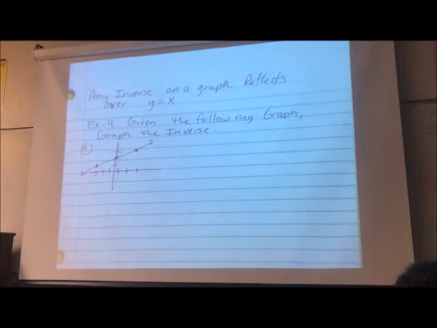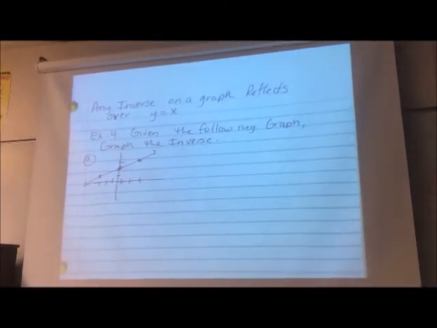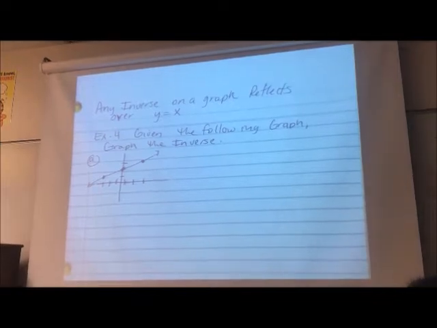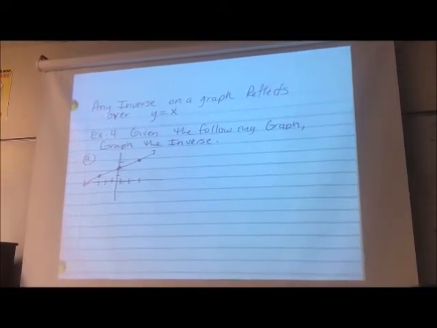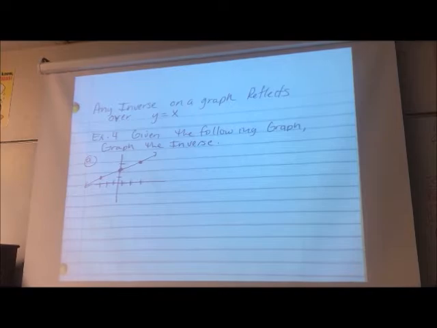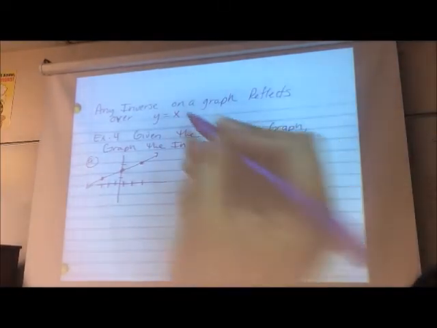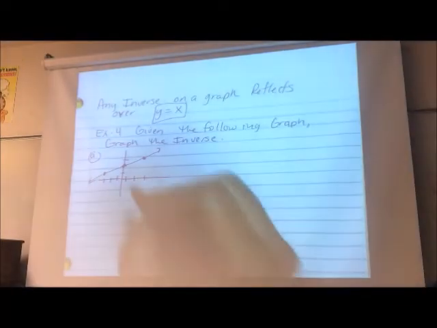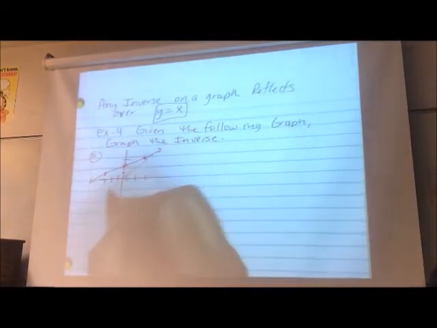So we need to know how to graph and what it causes when we're graphing, when we're finding the inverse. So any inverse on a graph must reflect over y equals x. In case you don't know what y equals x is, it's just a straight line that goes something like this.